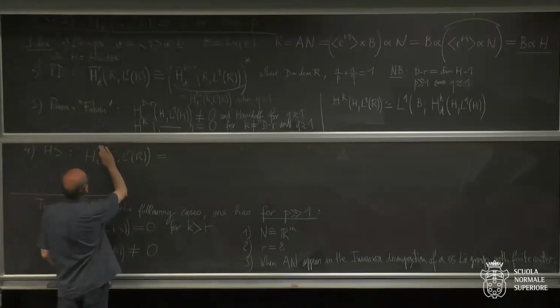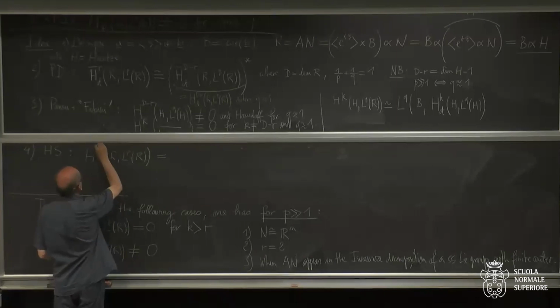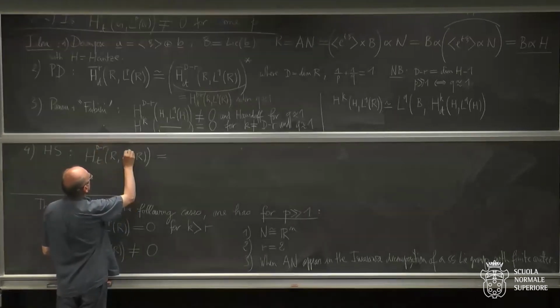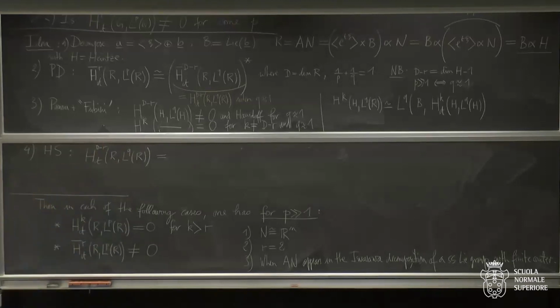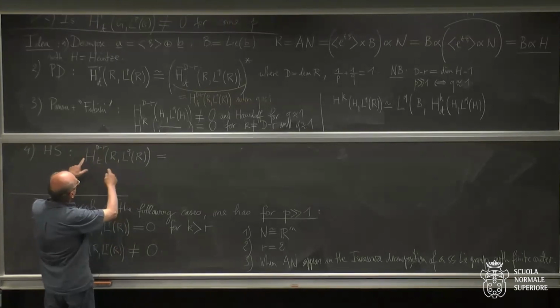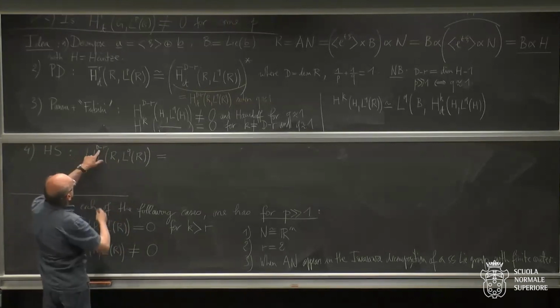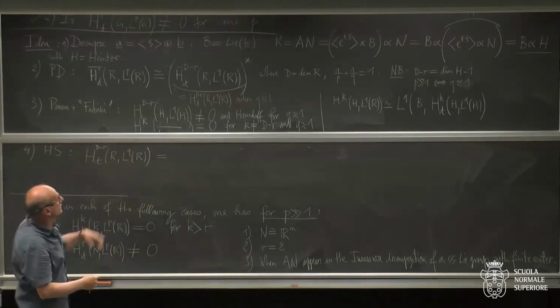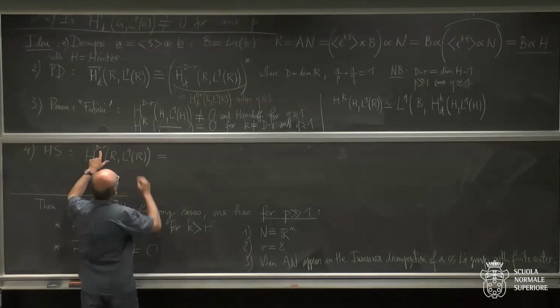So I should compute this as I saw before. I want to compute this for Q close to 1, but as I said, the cohomology of H is concentrated here in one degree.